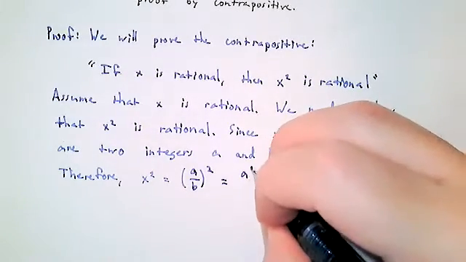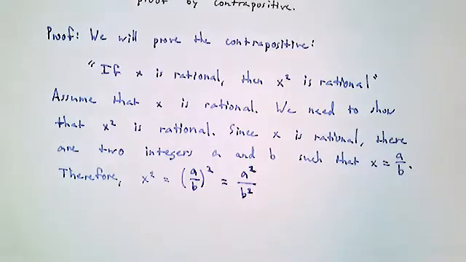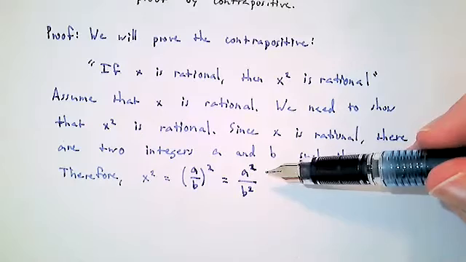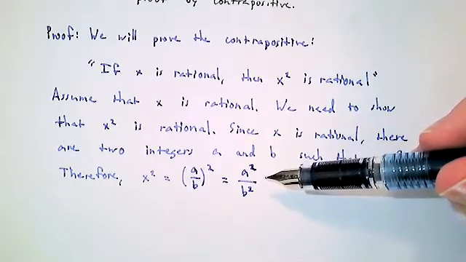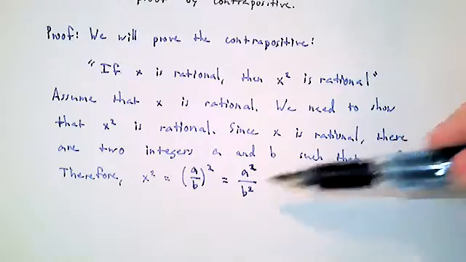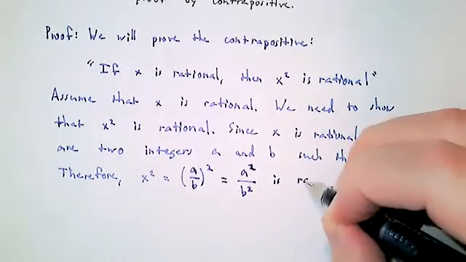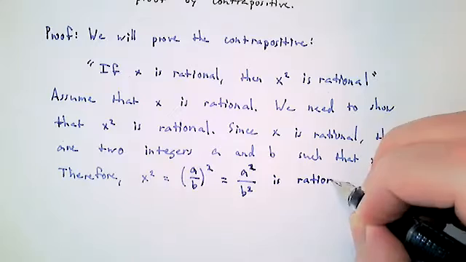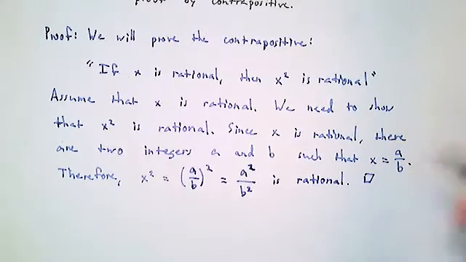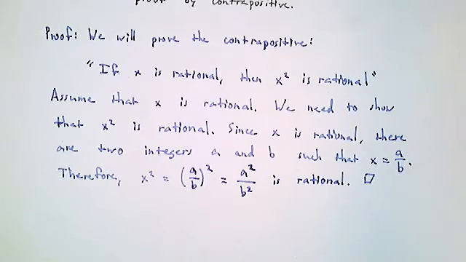So it's a squared over b squared. Are we looking at a rational number? Yes, we're looking at another fraction. a squared is an integer, b squared is an integer. So we just need to state that. And that's it. That was the conclusion that we were trying to reach.